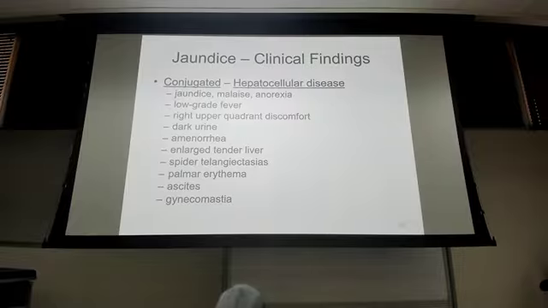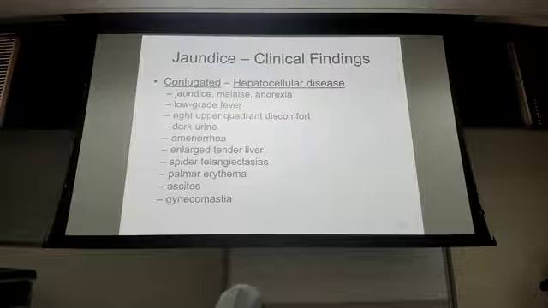So malaise, anorexia, so tired, weak, not feeling hungry. Patients can have a low-grade fever, could have some right upper quadrant pain. We all know where the liver sits, and we're talking liver-specific cellular injury that's leading us to having increased conjugated bilirubin over 2 mg per deciliter, causing jaundice.